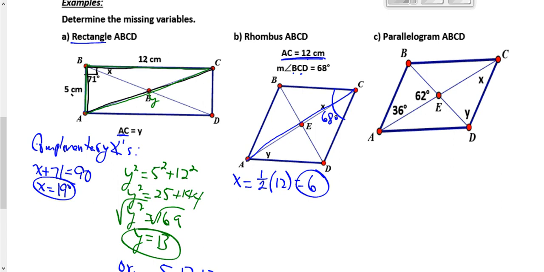So, all right. How do we get Y? First of all, what's the measure of that angle? Because it's a parallelogram and opposite angles are what? Okay. And now because it's a rhombus, opposite angles are bisected by the diagonal, right? So Y equals half of 68, which is, right?